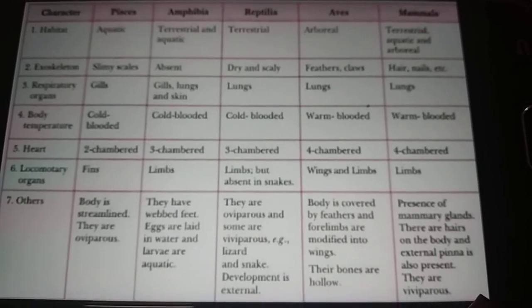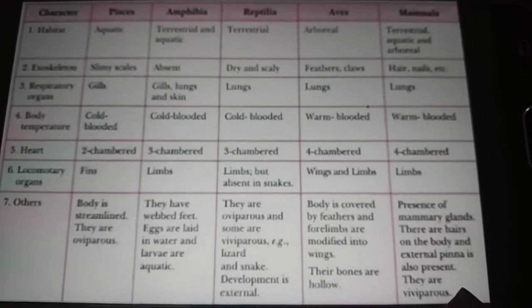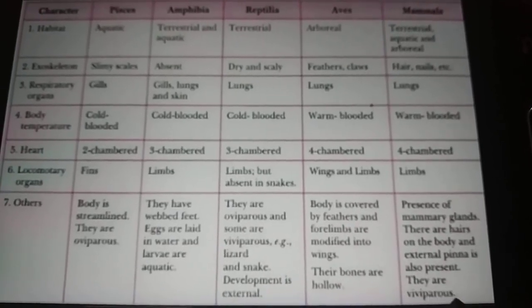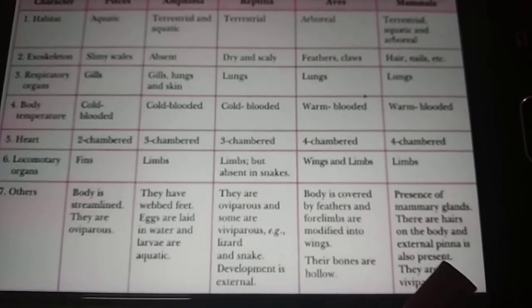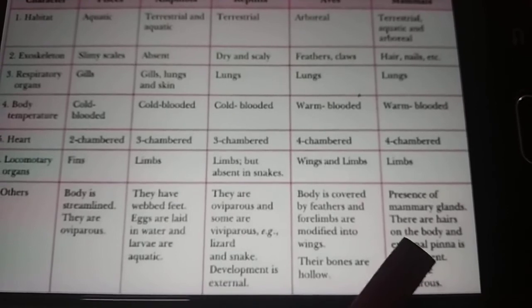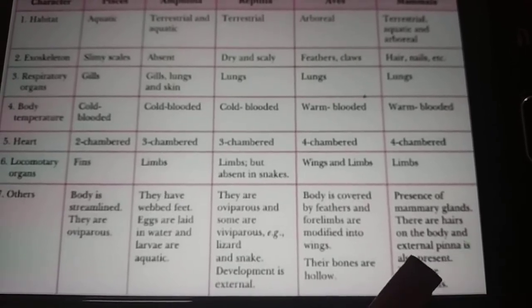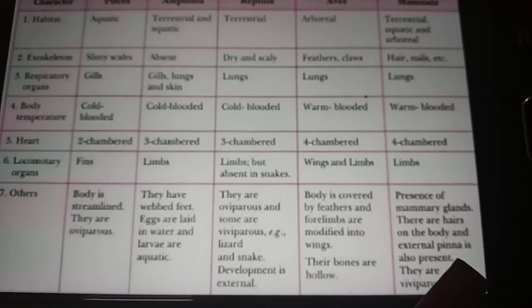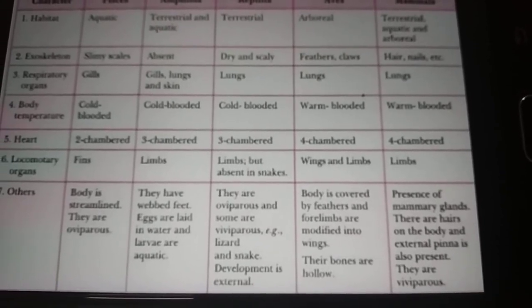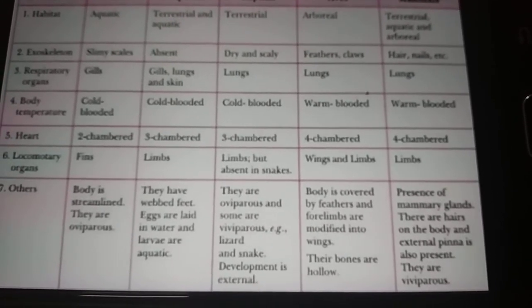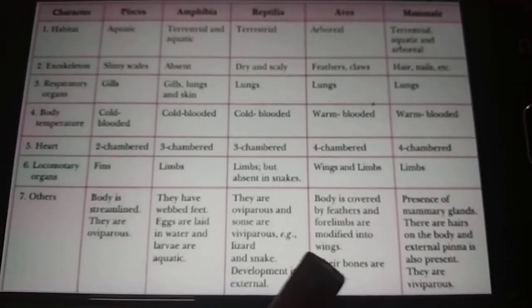As I said, they are viviparous, so they should have some extra gland in their body, right? The extra gland where the baby is going to grow is known as mammary glands. There are hairs on the body and the external pinna is also present. They are viviparous. Clear? This completes the lesson.